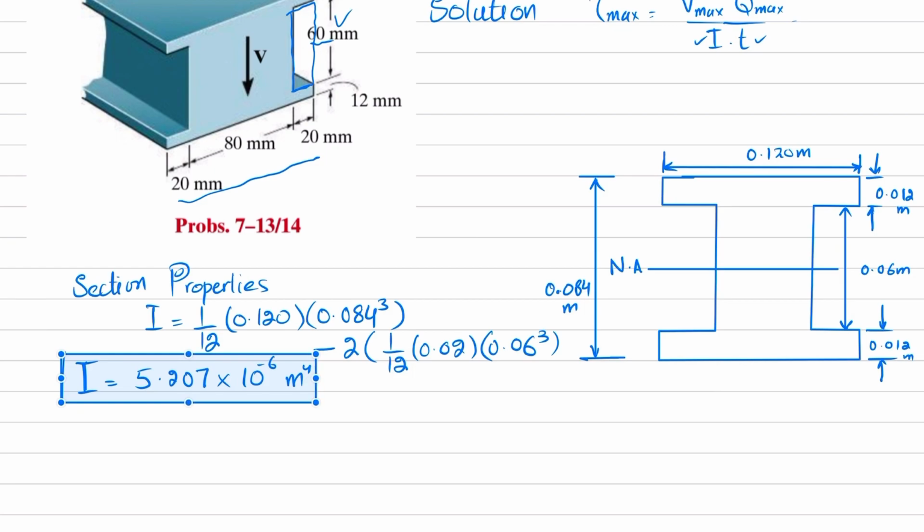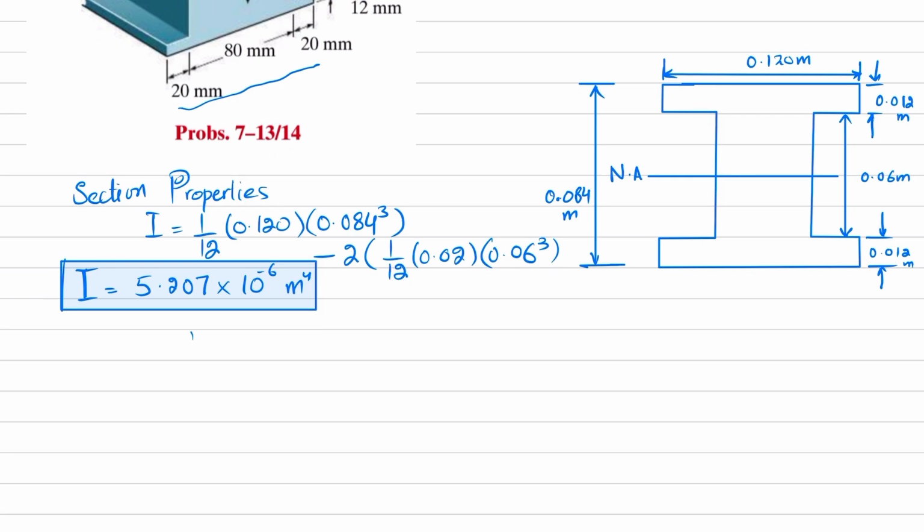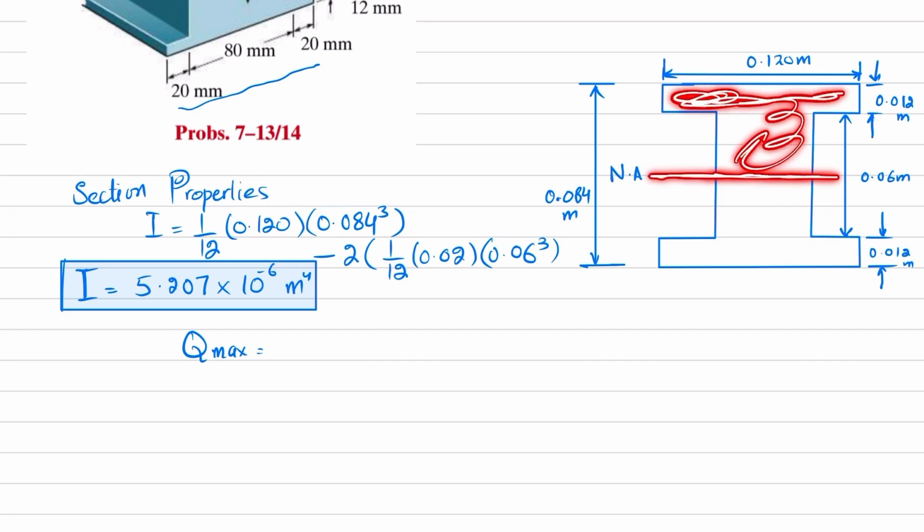Okay, now we will move toward finding Q max. Q max, if you take this upper half section from the neutral axis, this is the neutral axis, so this is the upper half section. Here we will divide it into two portions.